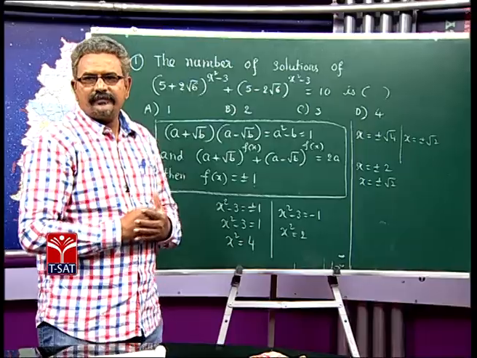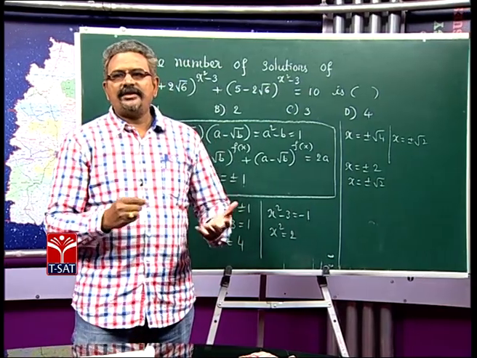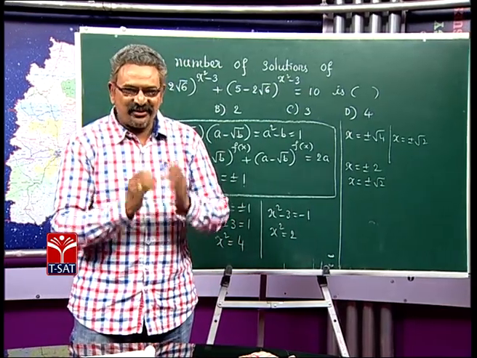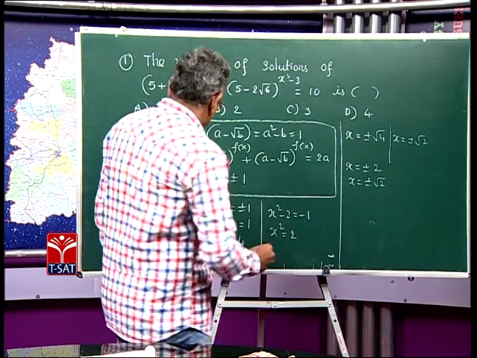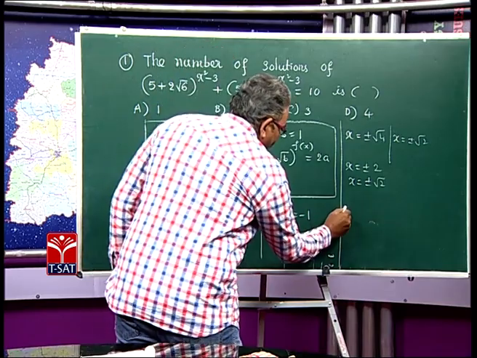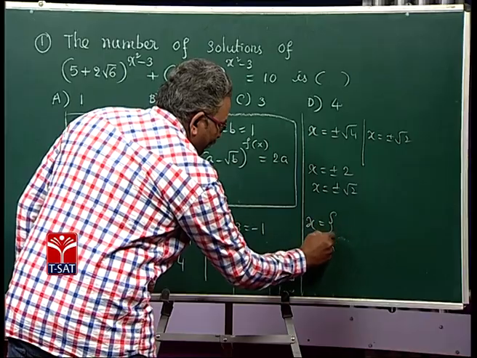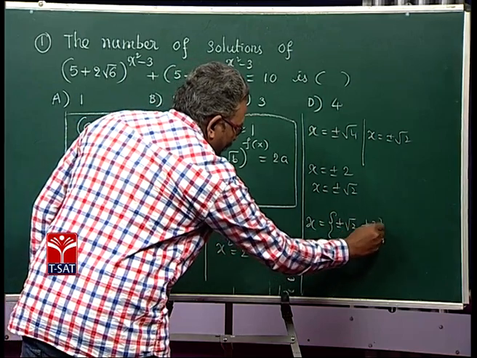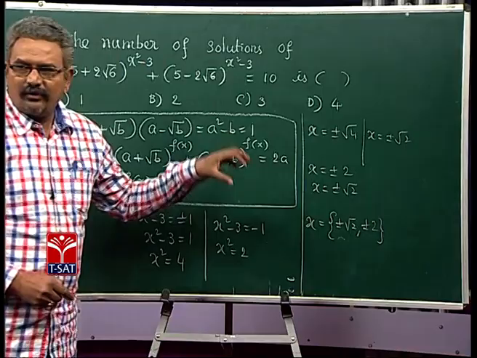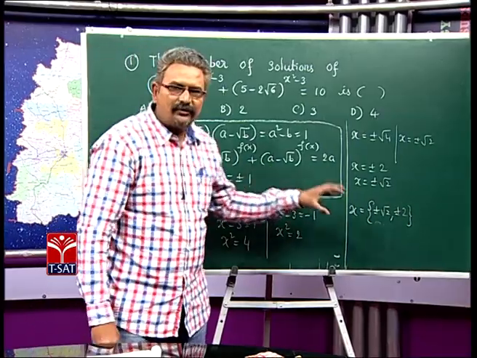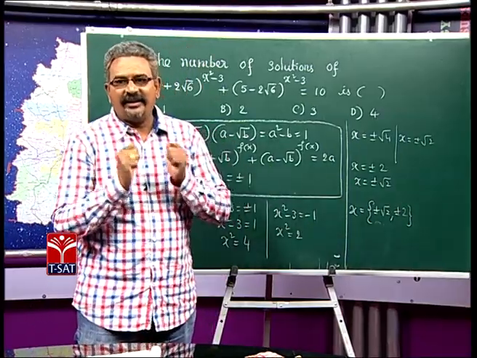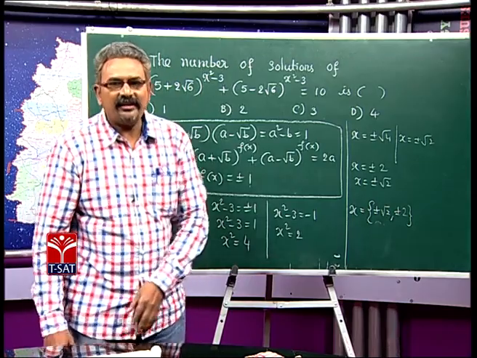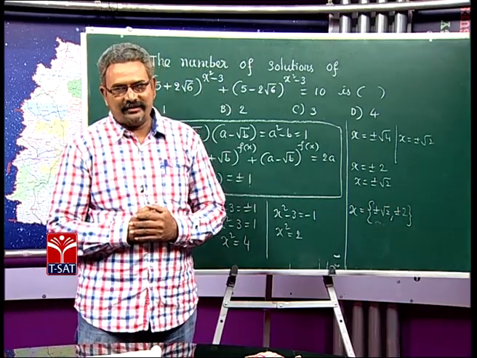Let us write the solutions as a solution set. The solution set: x is equal to plus or minus root 2, plus or minus 2. Now in this set we have to find the cardinality. What is the cardinality of a set?